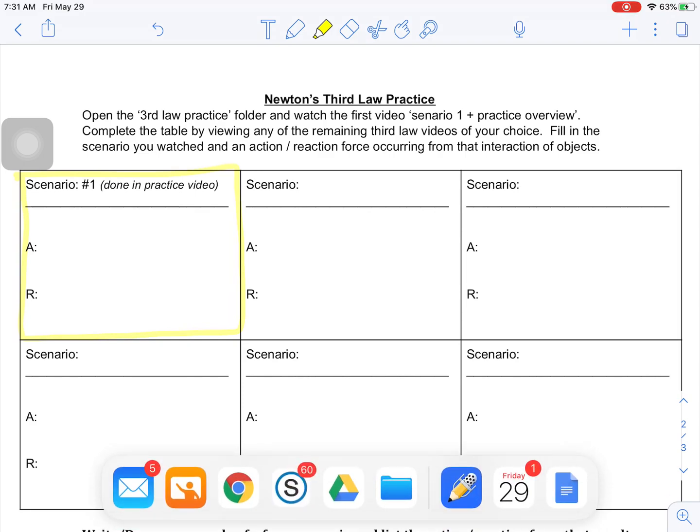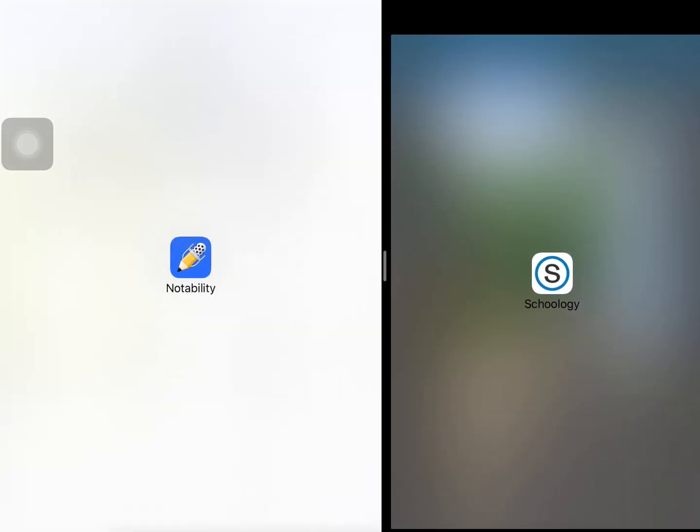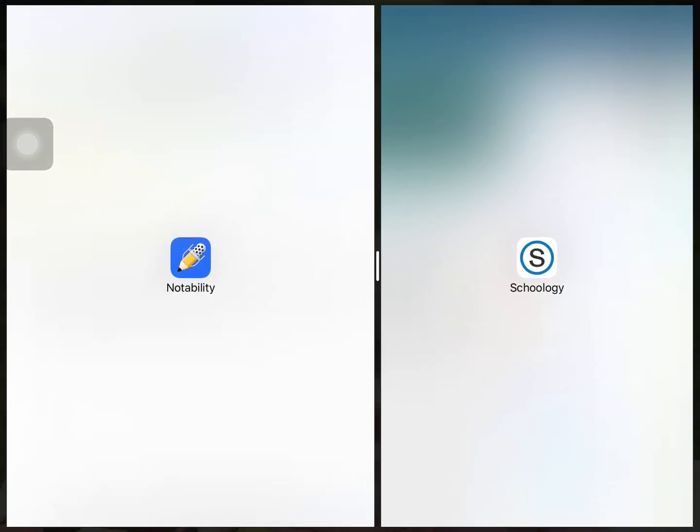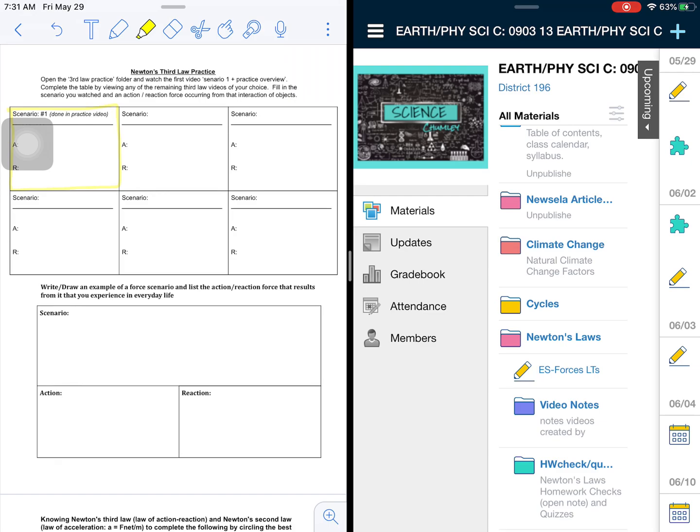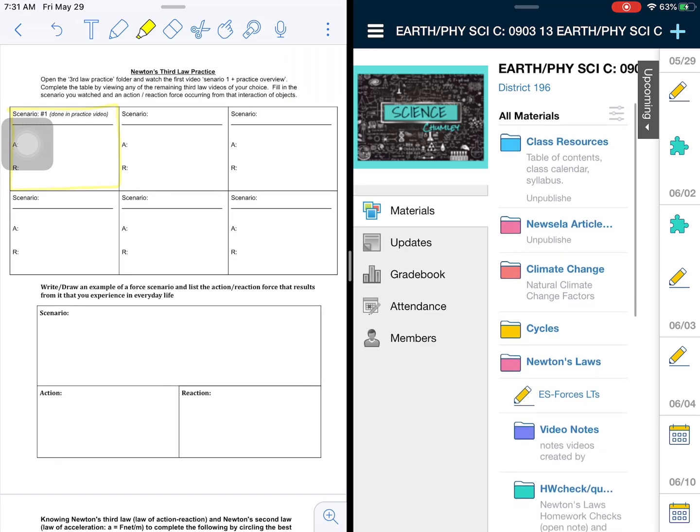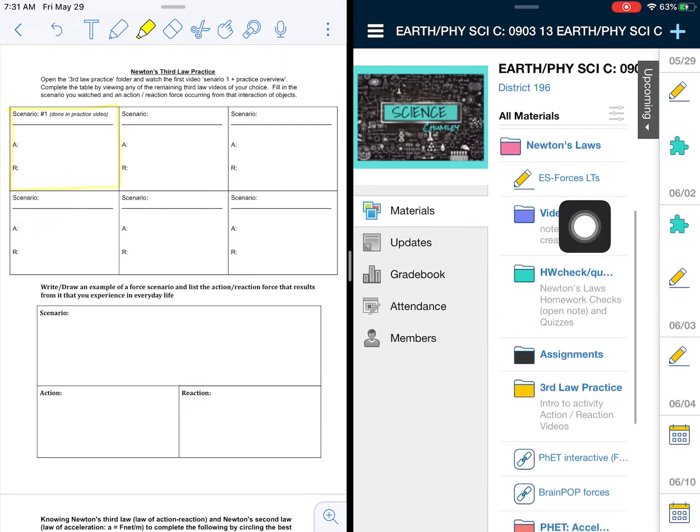So I'm going to pull up Schoology so you can see what you're looking at here. You're going to be going into your cycles folder, or excuse me, Newton's Laws folder. There it is. And in here should be this folder, third law practice.